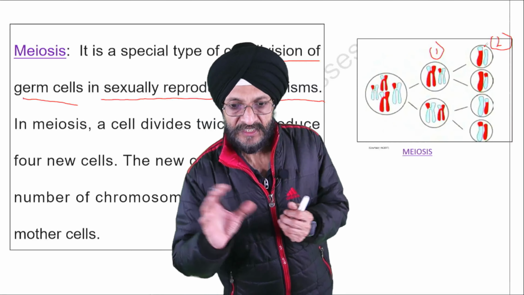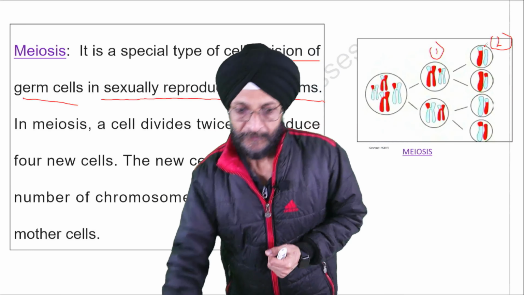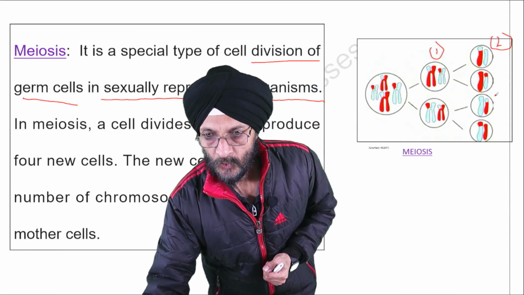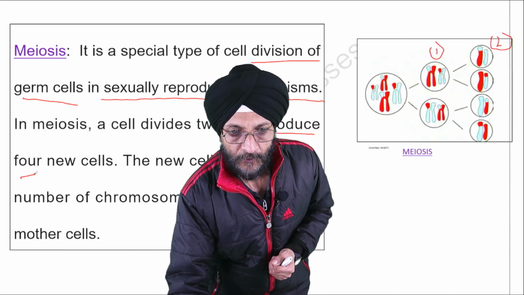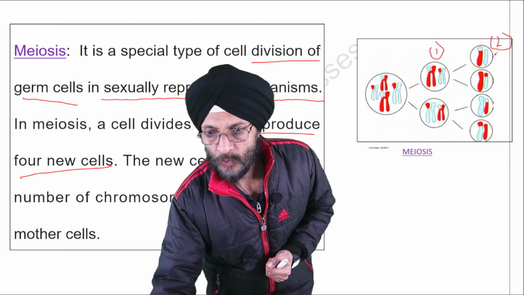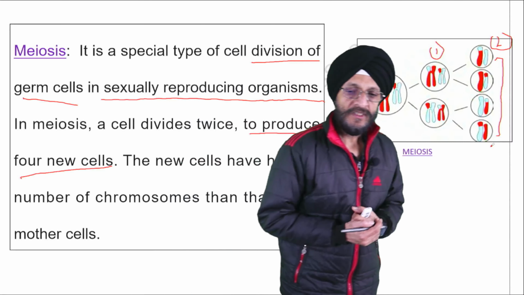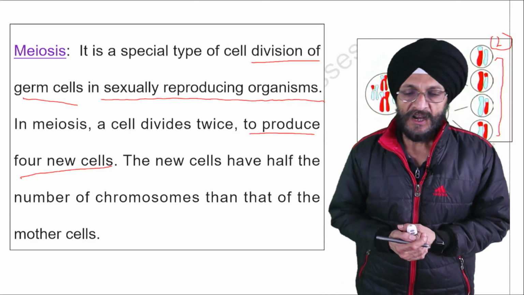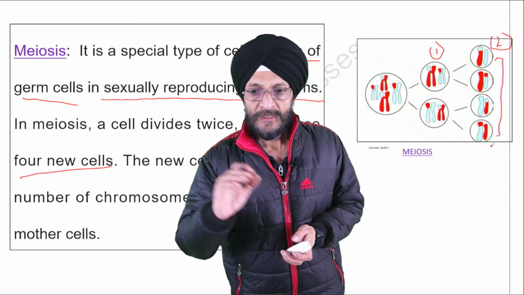A cell divides twice to produce four new cells. You can see that 1, 2, 3, 4. This was the one cell and it has divided two times to produce four cells. The new cells have half the number of chromosomes than that of the mother cell.